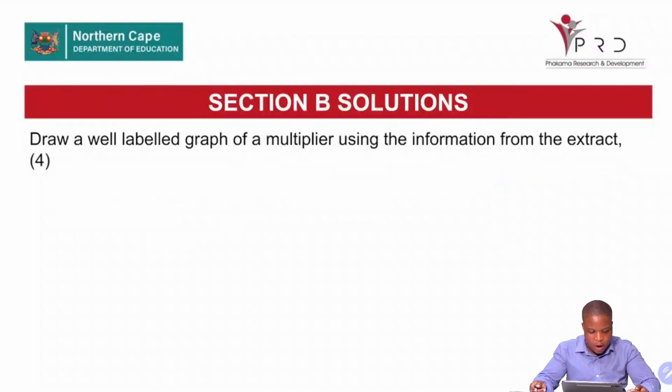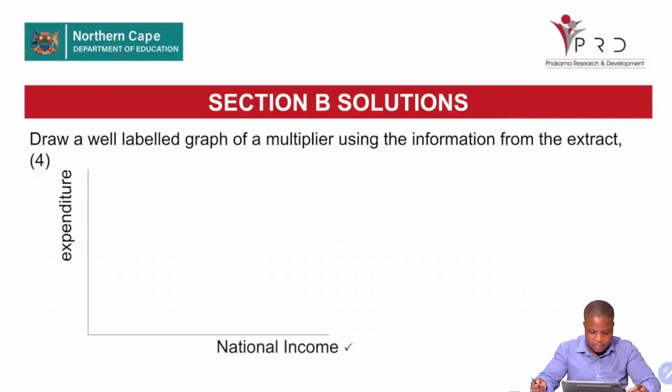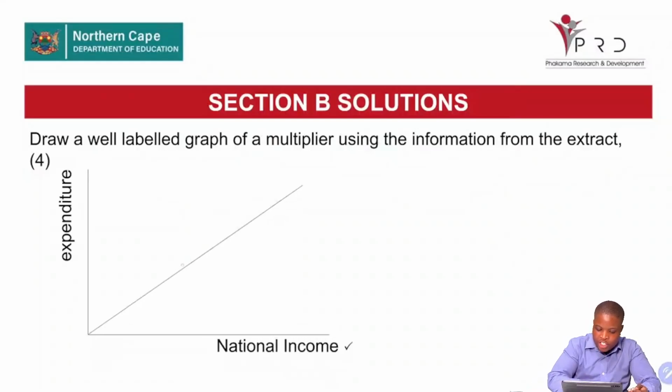Right, draw a well-labeled graph of a multiplier using the information from the extract. So you start with your axes, where you have expenditure and national income. Then you draw this 45-degree line, which is the line of equality, E equals Y. It's called a 45-degree line or equilibrium line or line of equality.